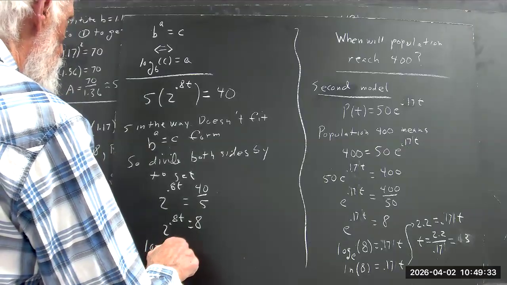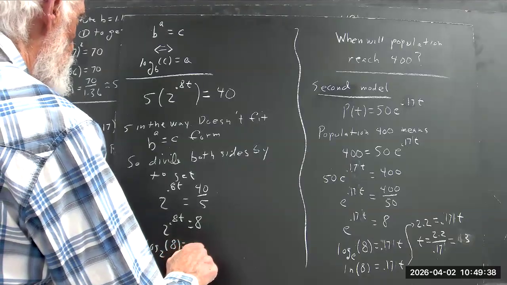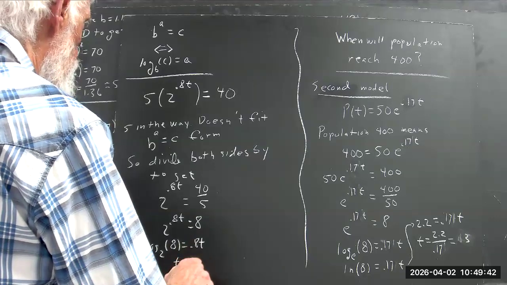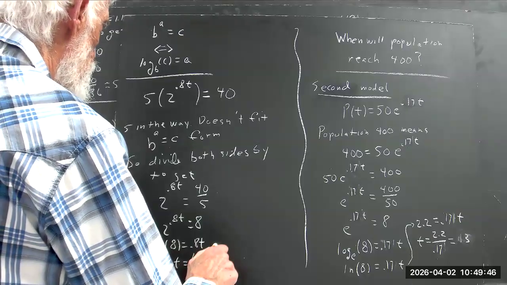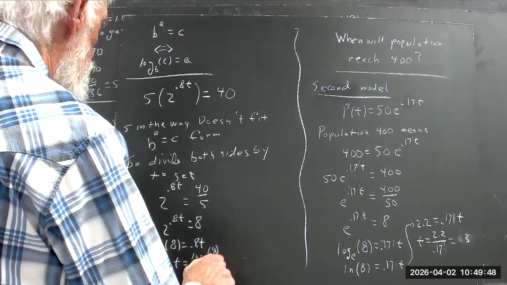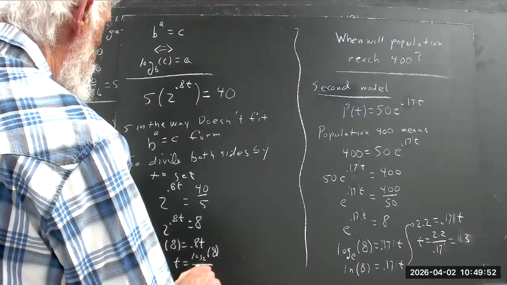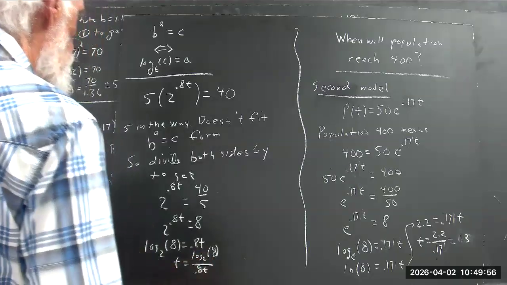So log to the base 2 of 8 equals 0.8t. t then equals log base 2 of 8 divided by 0.8.